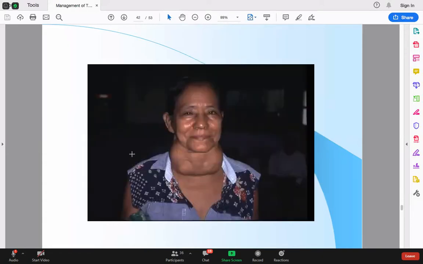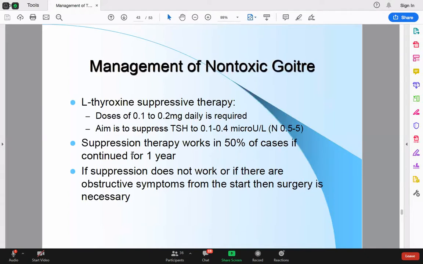Okay, you guys can see the goiter over here. Huge, huh? How to manage it? Well, we give them levothyroxine. This is to suppress the goiter, basically.